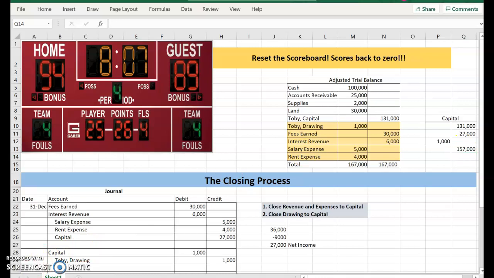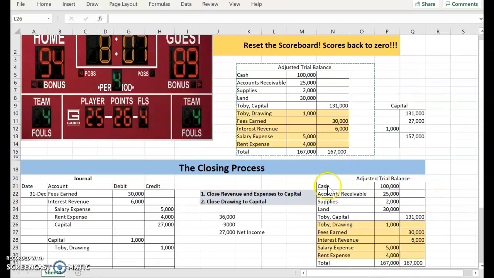So now we have one more trial balance to prepare, which is the post-closing trial balance. So when we prepare this, all of the numbers up here are going to stay the same, these up here. But then capital becomes $157,000. And then all these numbers get zeroed out because we've zeroed them out with our closing entries.